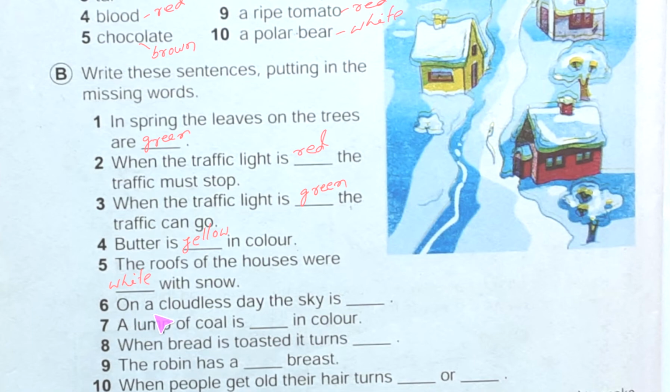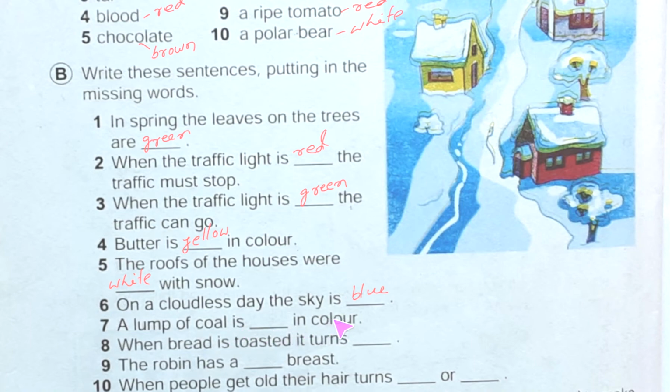6 number, on a cloudless day the sky is what? We know that is so interesting color. We want to see that color all time, and that color is blue. 7 number, a lump of coal is dash in color.